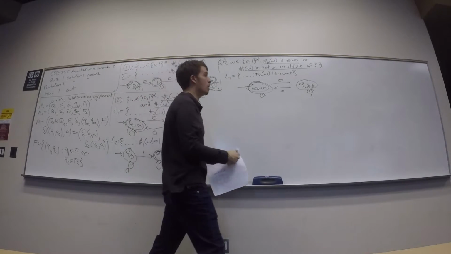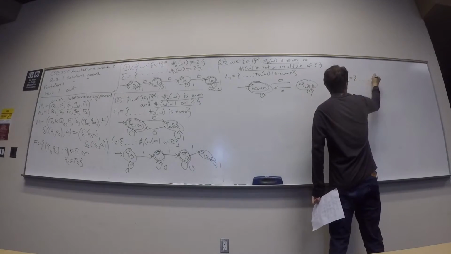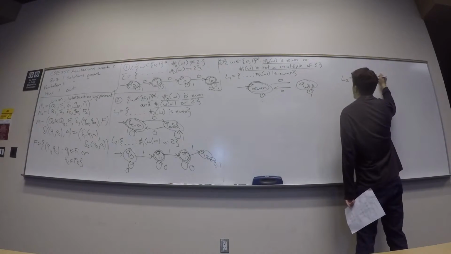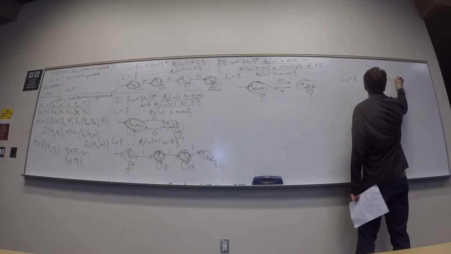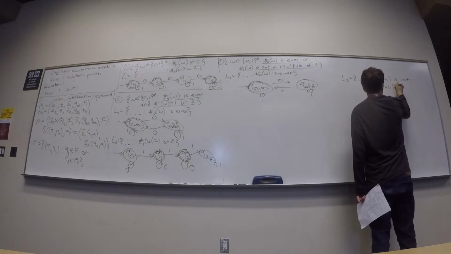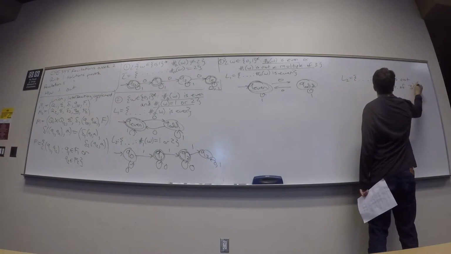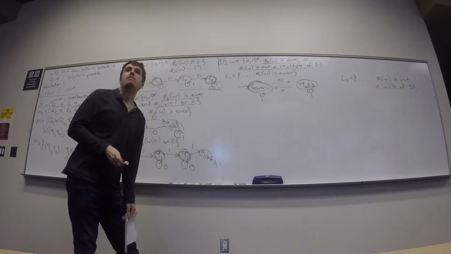Now a DFA for the second one. So I want L2, which is all strings such that the number of ones is not a multiple of 3. So can I make a DFA for this?